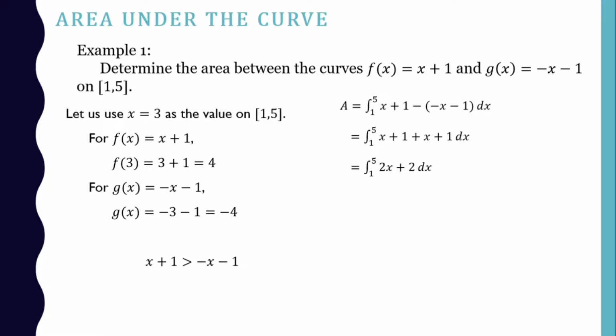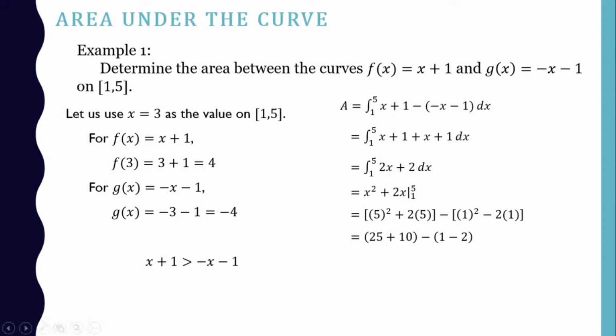So we can now evaluate the integral in our example. That's x squared plus 2x from 1 to 5. First we substitute 5, so that will be 5 squared plus 2 times 5. Then subtract, and we substitute 1. So that's 1 squared plus 2 times 1.